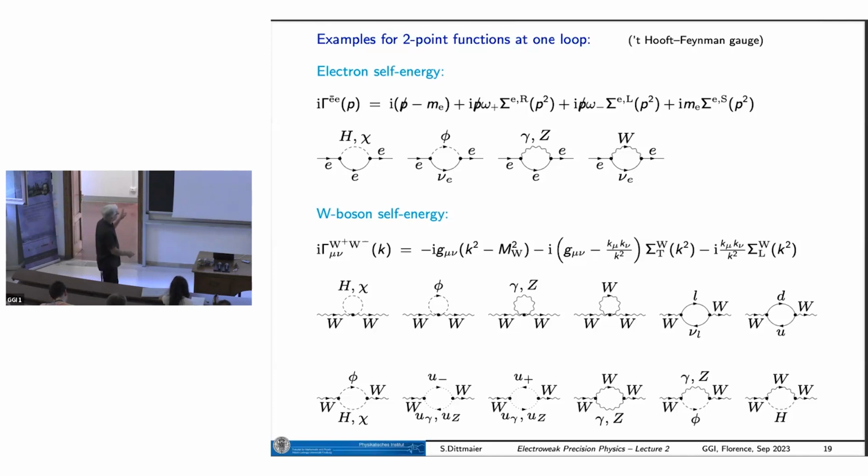There is just one additional tweak, which comes from the possibility that gamma 5 shows up because we have a parity non-invariant theory. That means we have to take care of the possibility that there are still gamma 5s also in the game, and I can write it in such a way that I have a p slash times a right-handed parity projector, p slash times a left-handed parity projector, and a unit matrix.